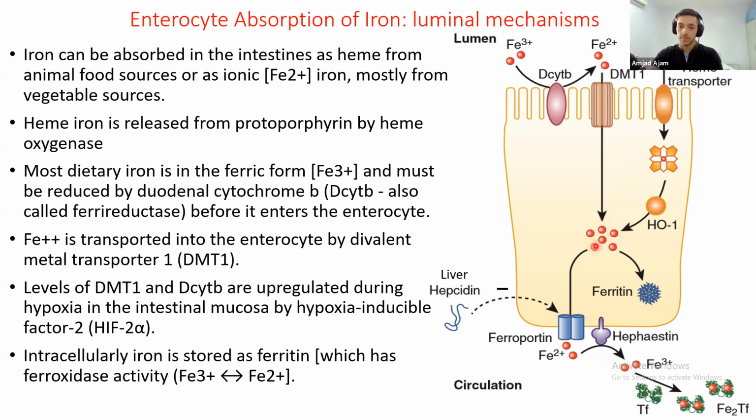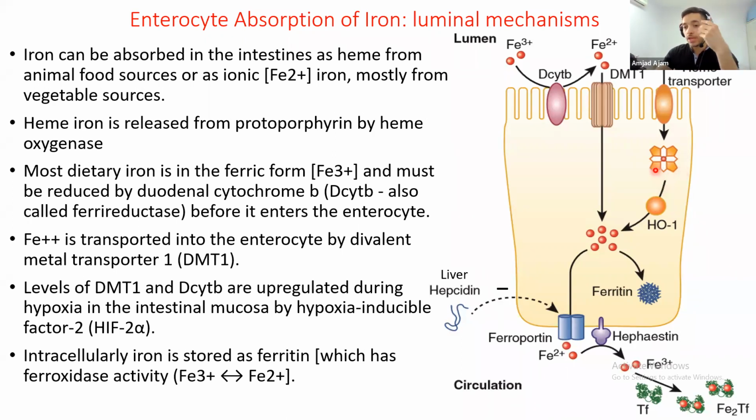There's another form of iron found in meat. If you eat meat, you'll have iron in the form of heme, and actually this is a better source of iron in terms of being used and absorbed. Our body can absorb this heme by a heme transporter, so heme will enter the enterocyte.